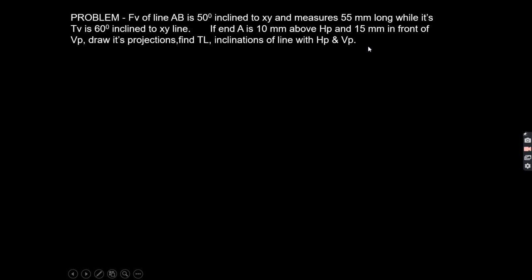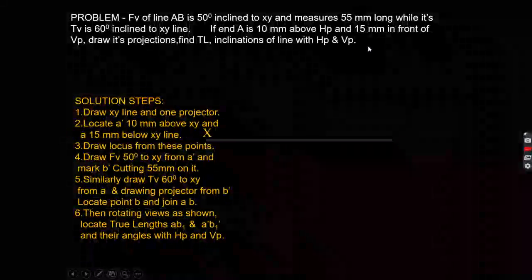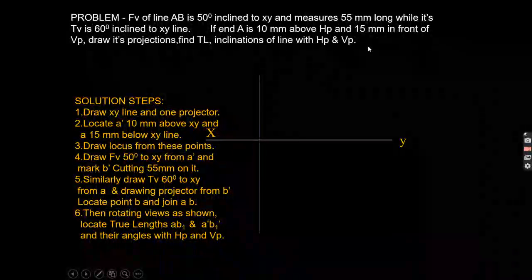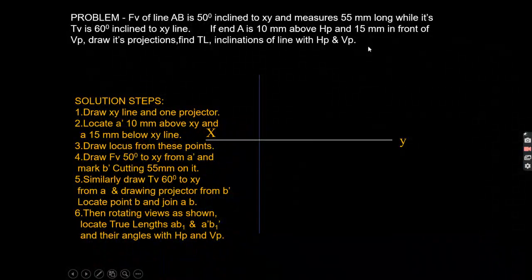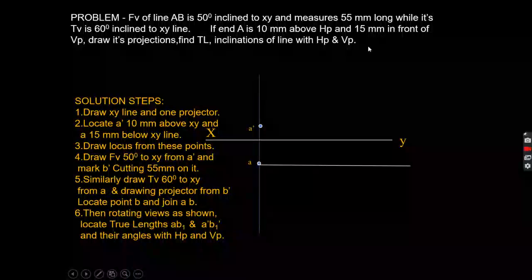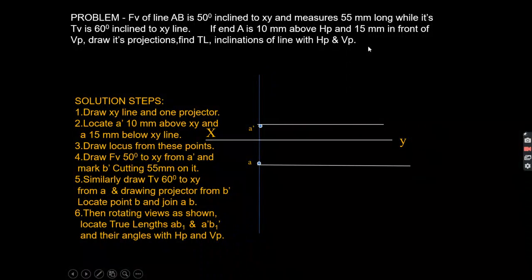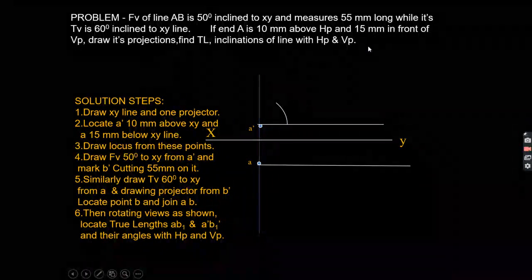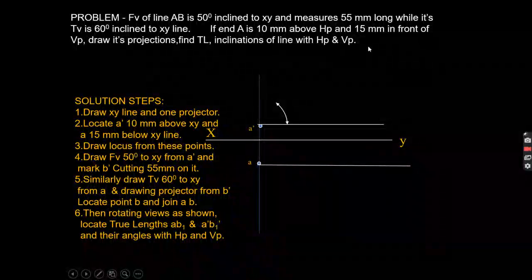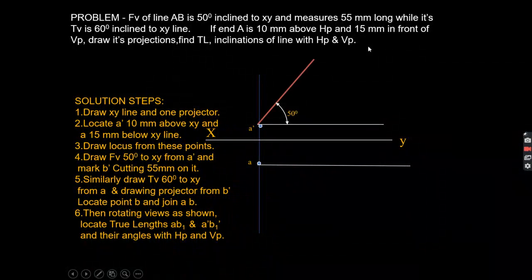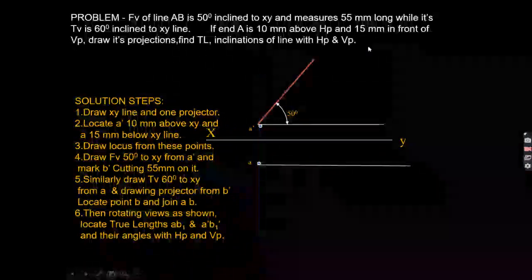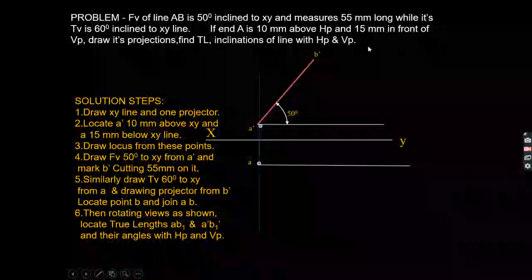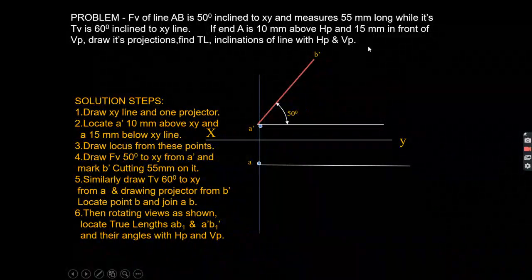So we have to follow in this question the reverse process. Okay, so first we have to mark the position of a point A that is given in the question. Then I will draw a line that is 50 degree from the xy line and having a length of 55 mm. So this is your front view of a line AB, that is A dash B dash.